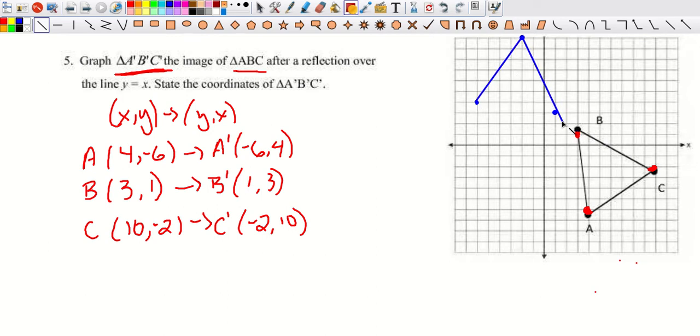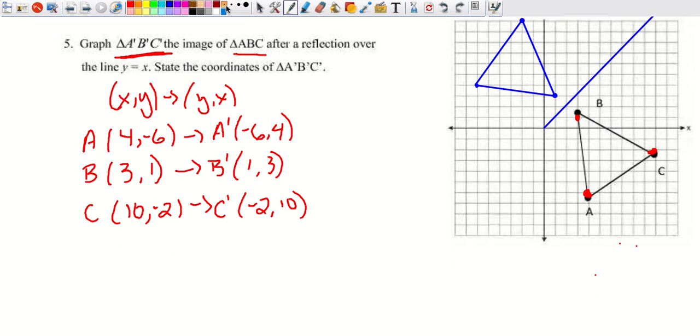Okay, so once again, this should look congruent to the one that was there. And it just looks like it flipped over, right? That mirror, essentially, which it does. Okay, so just keeping that in mind. So we know A prime is the point negative 6, 4. So here's A prime. B prime was 1, 3. And then C prime was all the way up.